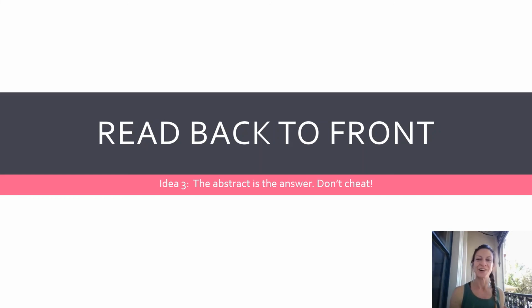Then it's time to flip to the back of the metaphorical chemistry book, in this case, the abstract, and check and see, were your ideas, were the things that you took away from this article the same as what the authors presented in the abstract? And if there's pretty good alignment there, then you can feel really proud in yourself that actually you have read and understood a complex academic journal article.